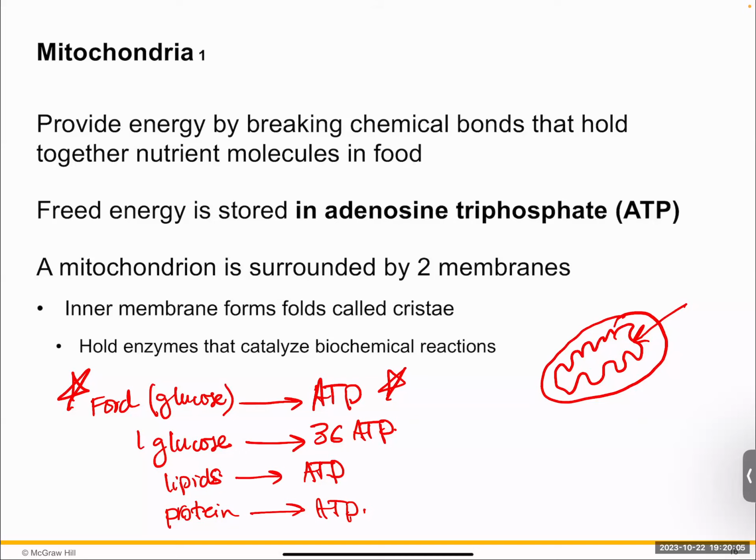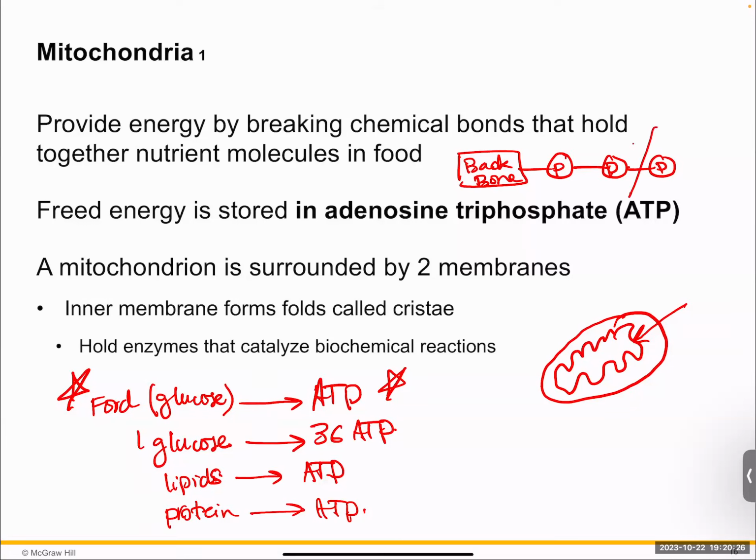Again, remember ATP. ATP is the form of energy, and it stands for adenosine triphosphate, which means it has a kind of backbone, and it has 1, 2, 3 phosphates. So that's your ATP.